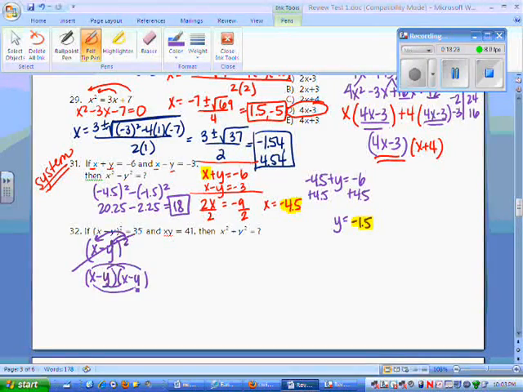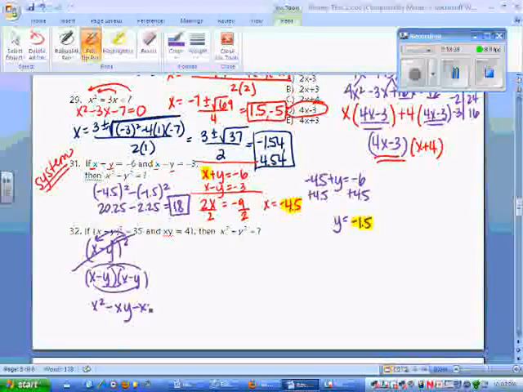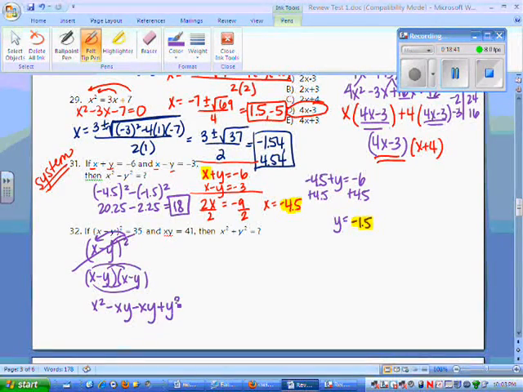First, inside, outside, last. x times x is x squared. Outside, negative xy. Inside, negative xy. And last, plus y squared. These two can combine for x squared minus 2xy plus y squared. And we know this is 35.